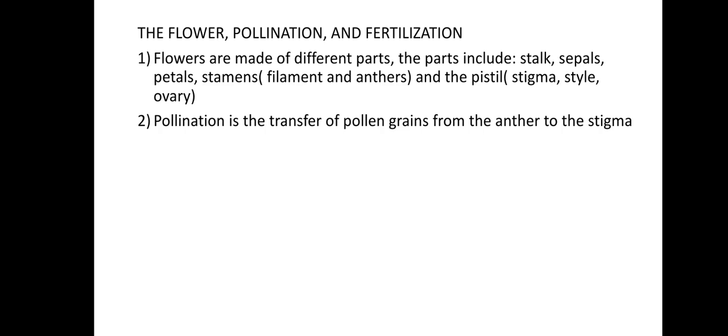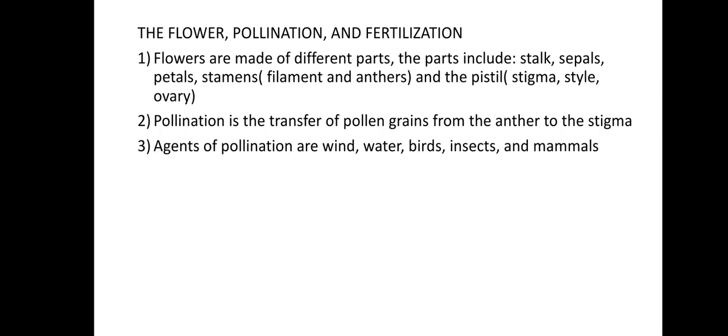All right. Then agents of pollination, we're talking about factors which help the process of pollination. So here we have wind. So wind can help in the process of pollination, as the pollen grains can be moved from one anther to the stigma by wind. Birds also help in the process of pollination, as they are collecting nectar from the flowers.